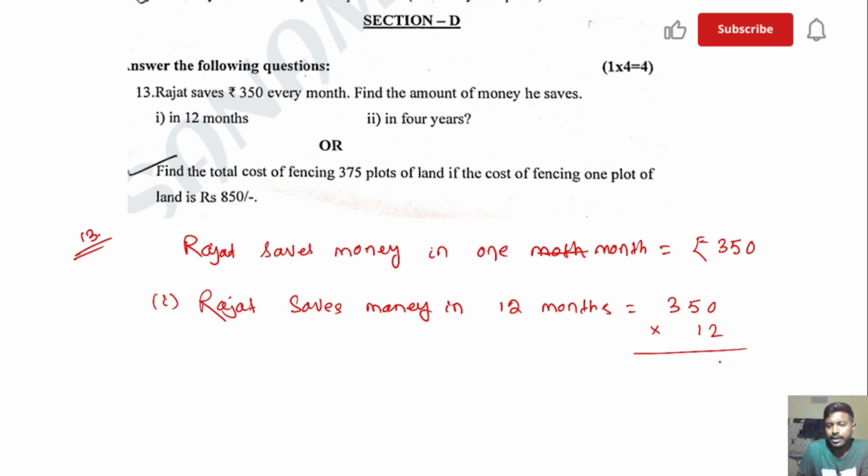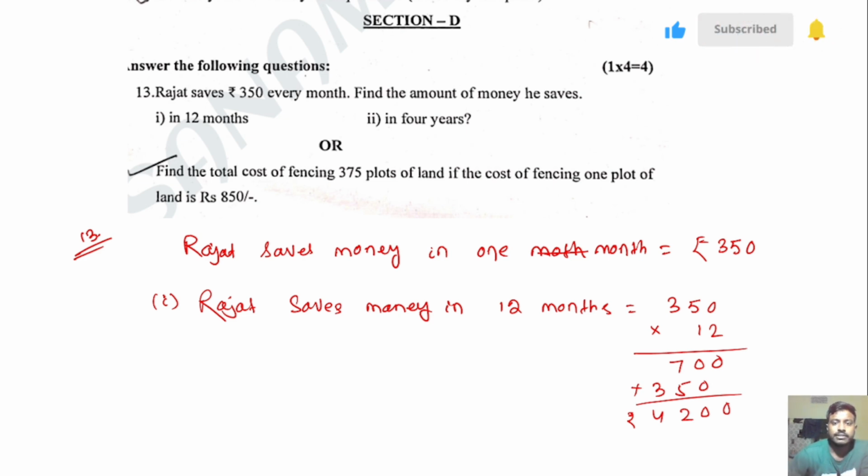Now multiply: 0, 0, carry 1, 6, 7, then 0, then 1 5 ja 5, 1 3 ja 3. Now add, that is 0, 0, 2, 4. That is 4200.